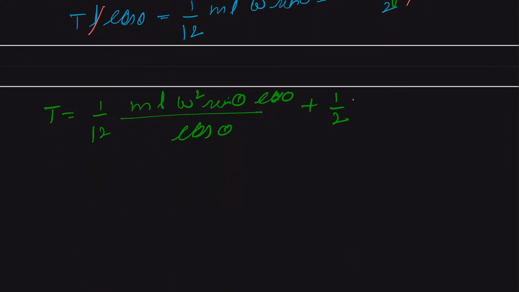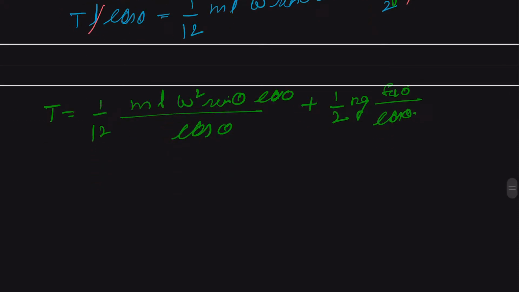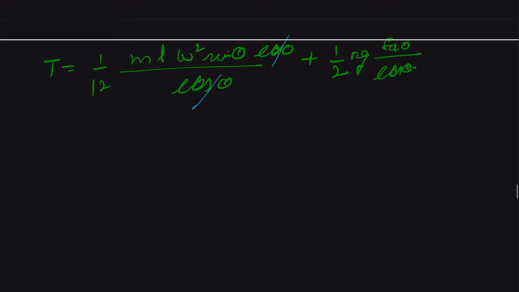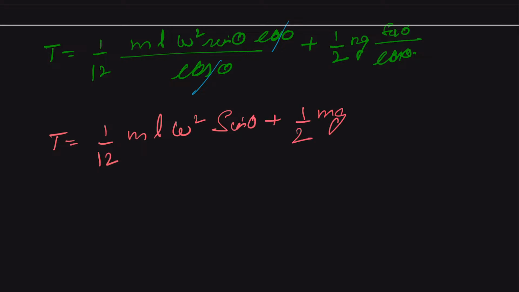So we get this mg sine of theta divided by cos of theta. So here this cos theta cancels out, therefore we get that our tension T is equal to 1 by 12 ml omega square sine of theta plus half mg tangent of theta.